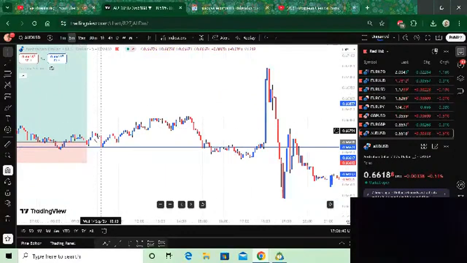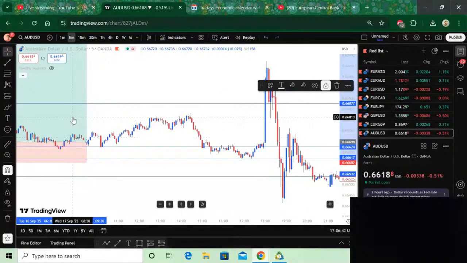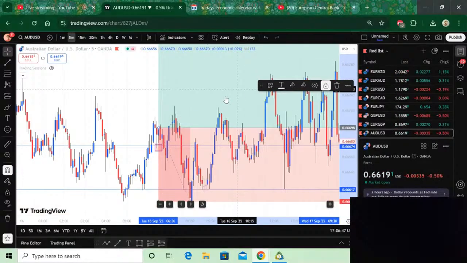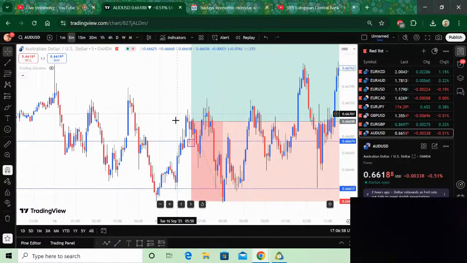We made our analysis on AUDUSD and we said that if it gave us a bullish signal, we'll buy. So now, this is exactly what happened. So it came down here, this very line, right?